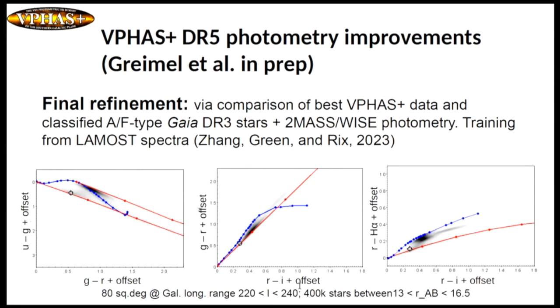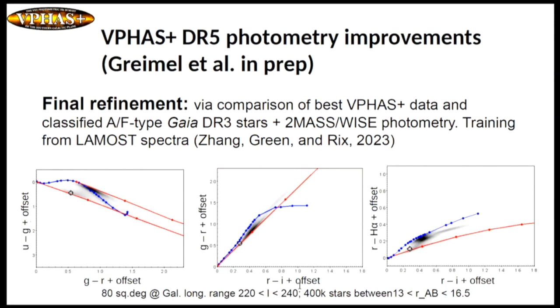classified stars from the Gaia DR3 selection and cross-match with 2MASS and WISE that was done by Zhang, Green, and Rix recently, where essentially they determine the spectral types of these stars by training a machine learning algorithm that used as a training sample well-characterized LAMOST stars that have spectra.